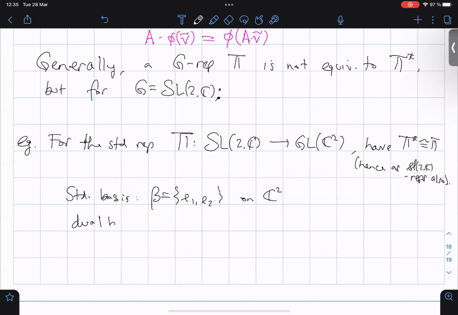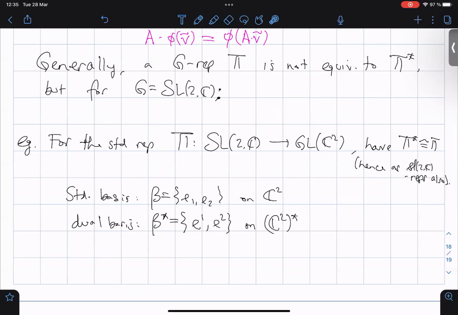And there's a dual basis, beta star. One convention is just to raise your indices. Now remember what this dual basis means. These are linear functionals on the original vector space.